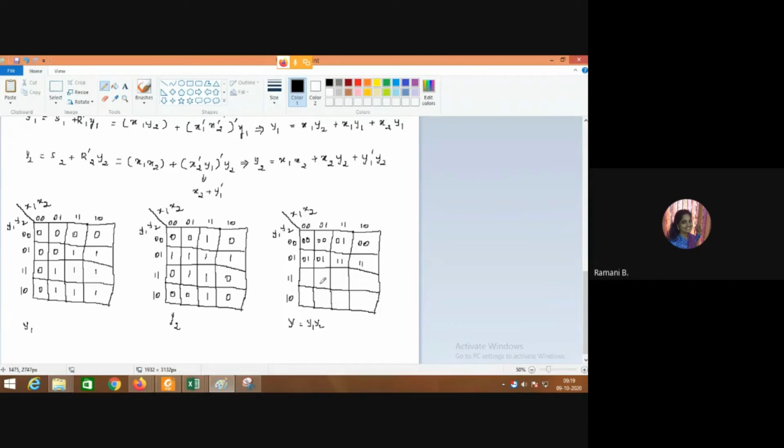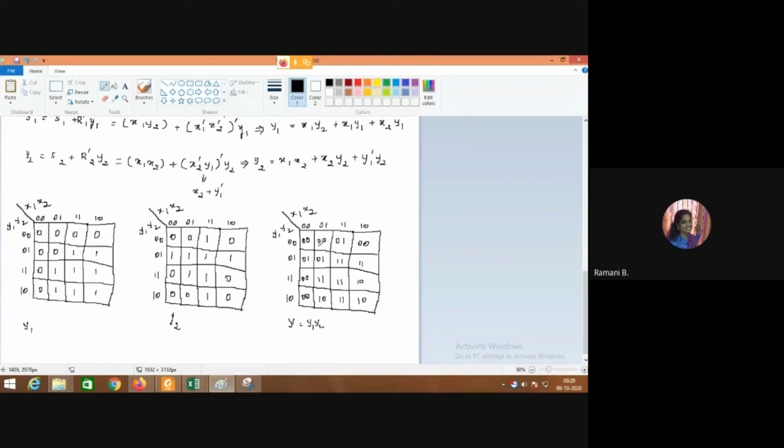And the third row is 0, 0, 1, 1, 1, 1 and 1, 0. And the last row, it is 0, 0, 1, 0, 1, 1 and 1, 0.